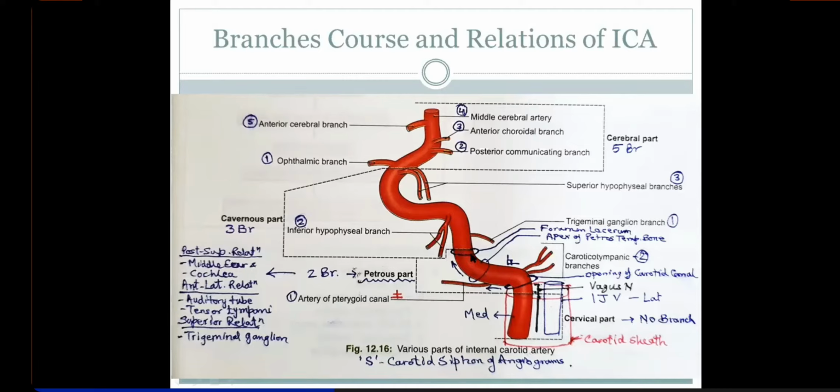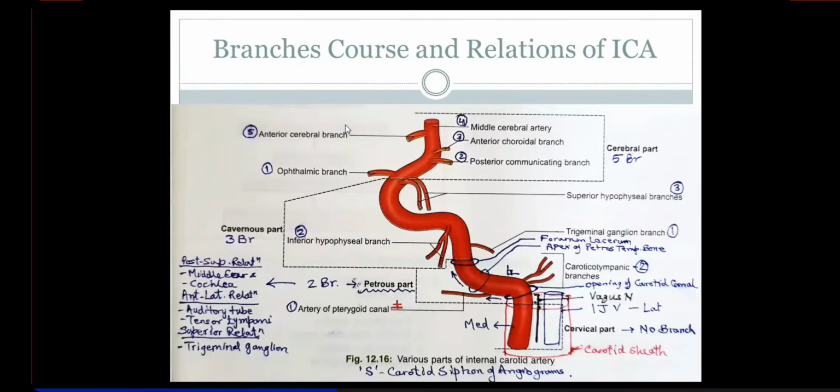So when it emerges into the cranial cavity, in middle cranial fossa through foramen lacerum, now it comes to lie in the medial wall of the cavernous sinus, in medial relation to the cavernous sinus, along with the abducent nerve.